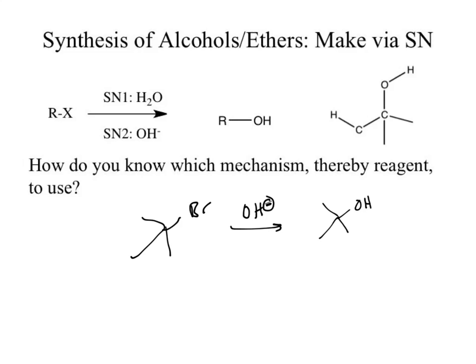Because if we draw it out like this, what do you think? Oh, well, OH minus just substitutes in. It works perfectly. No. Okay? You don't see that you now have to predict the product. And if we erase the product, it's now an entirely different question. You aren't looking at an answer. You're looking at how do I get to that answer. You must write it out.